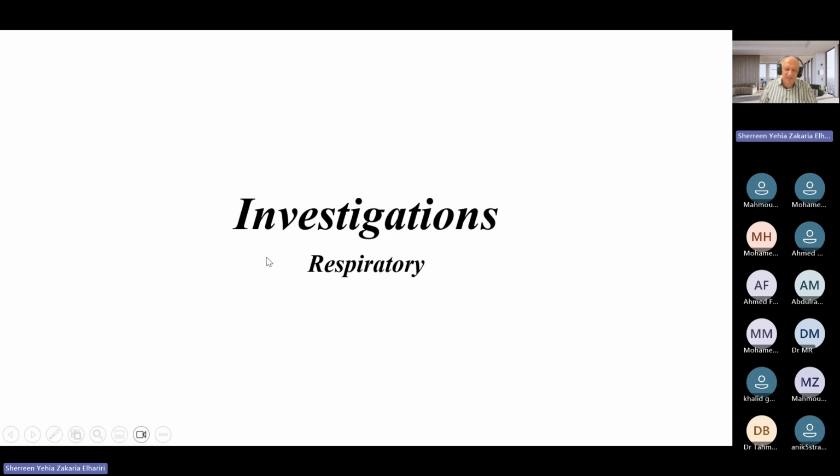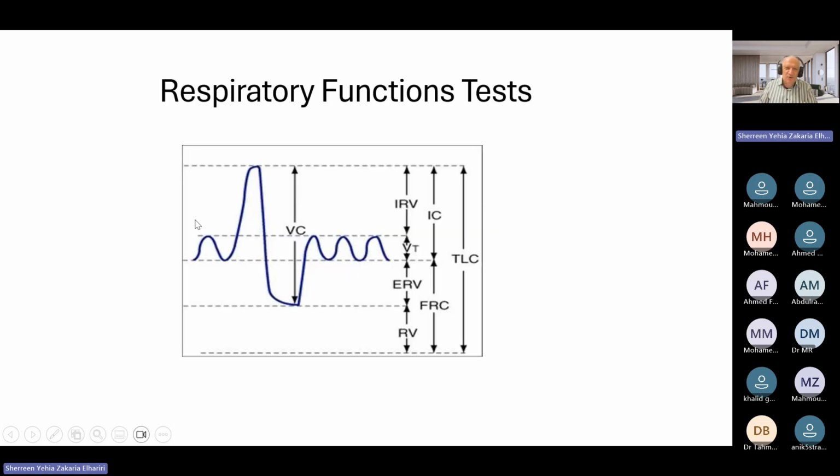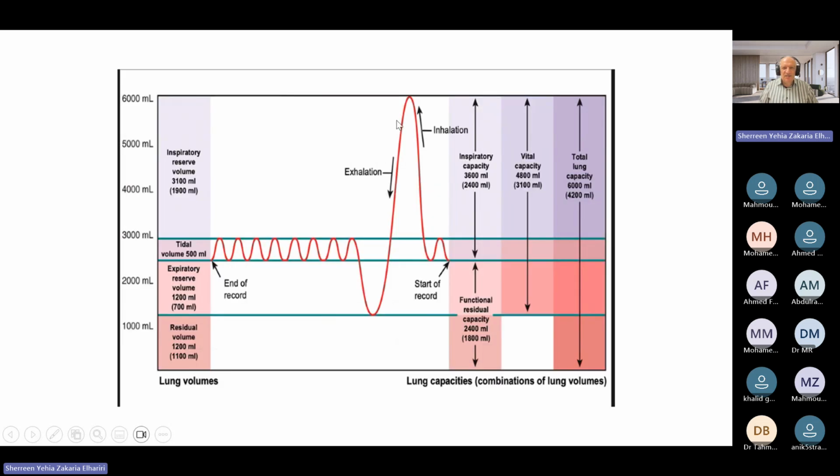After that, we have investigation in respiration. Of course, this is the normal respiratory function test. You can have tidal volume, inspiratory and expiratory reserve volume. It is important to know that the inspiratory capacity and the vital capacity, and if you add residual volume, it becomes total lung capacity. At least you know the names. We don't need the numbers, but at least you know the shape of the curve.